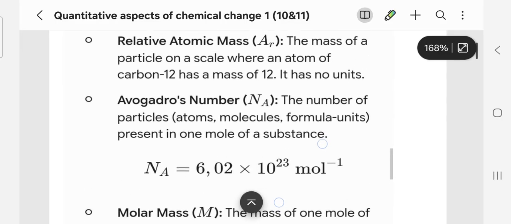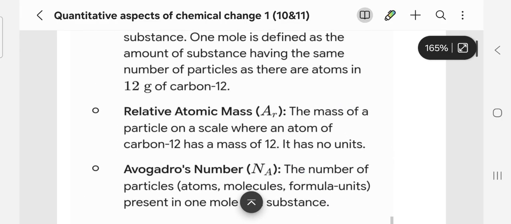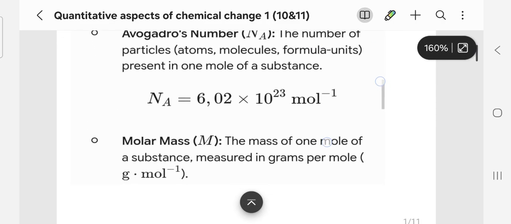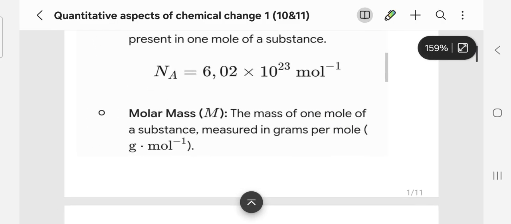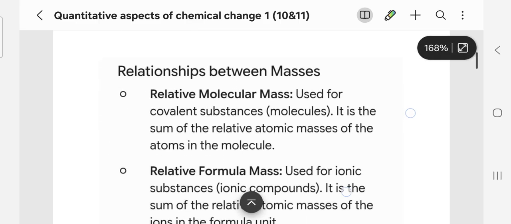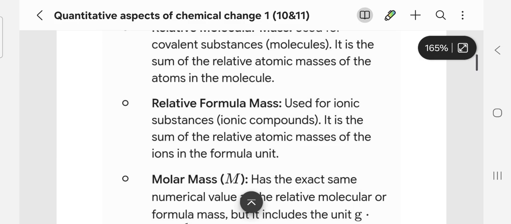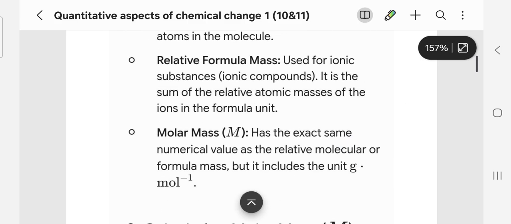They come from the relative atomic mass, and we know that it's not supposed to have units. Whereas when we talk of the molar mass, which is the mass of 1 mole of a substance, it will have a unit. So those are pretty much the differences. I hope, guys, that makes sense.